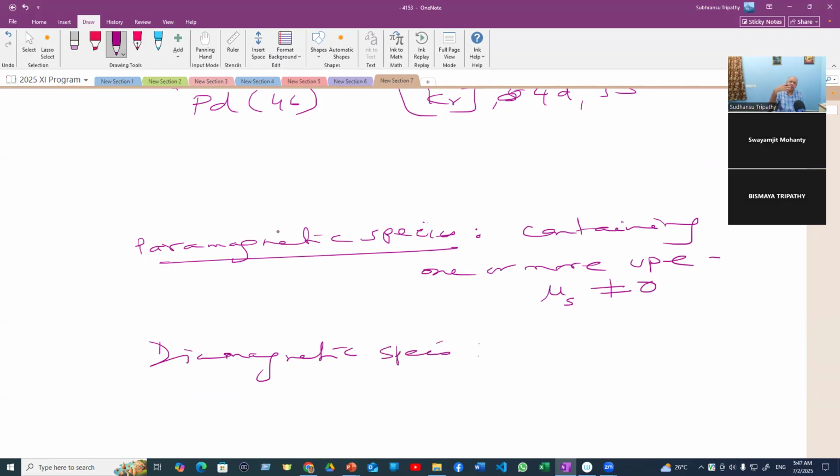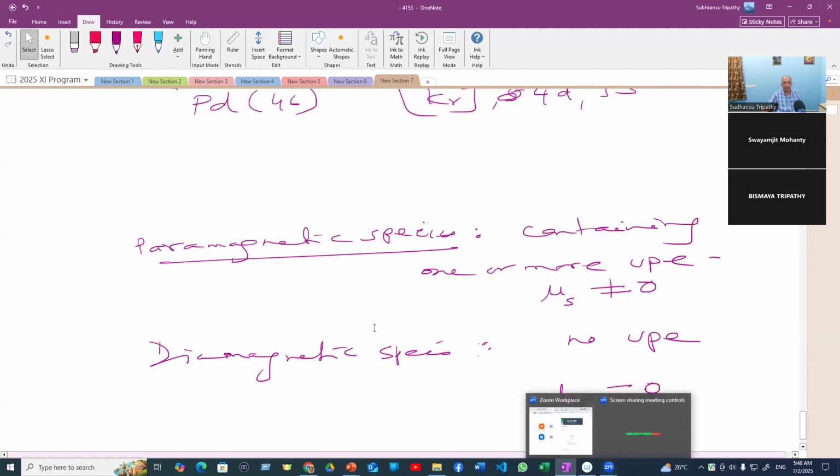When we explain the properties, we'll be talking about ferromagnetic, ferrimagnetic, antiferromagnetic, so many other things. But now these two: paramagnetic species and diamagnetic species with no unpaired electron. The spin magnetic moment is 0.